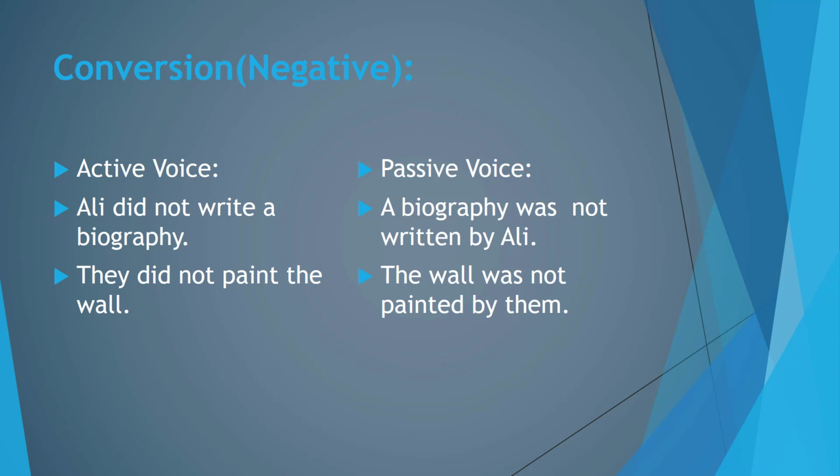You can see that the basic structure is the same. The only difference between affirmative and negative sentences is that we simply write not after helping verb, either it is was or were. Rest of the structure is the same. In this way you would convert negative sentences. Let's move forward.